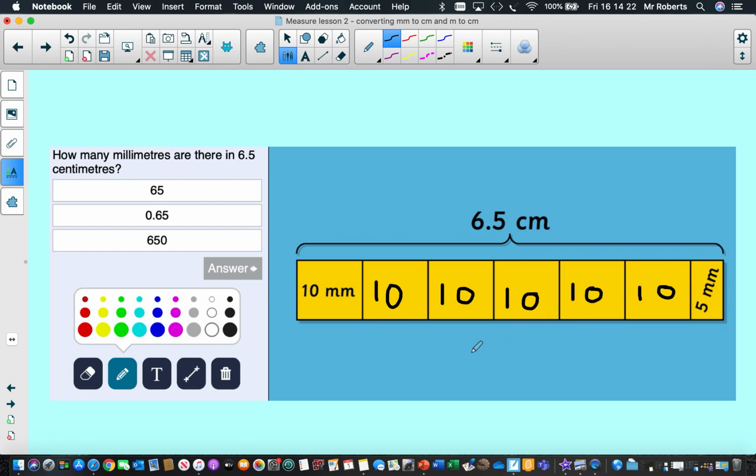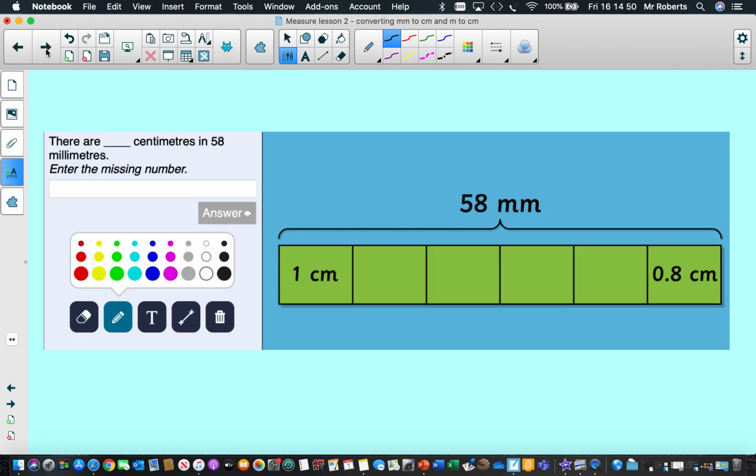How many millimetres are there in 6.5 centimetres? 10, 20, 30, 40, 50, 60, 65. That's how it can help you to work it out. Or we could do 6.5 times 10 and move each digit one place to the left to make 65 using a place value chart.